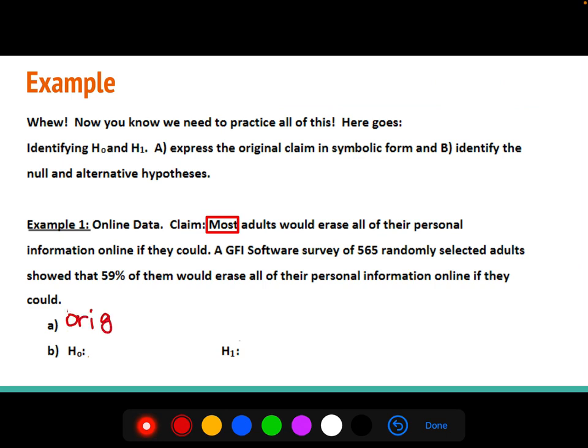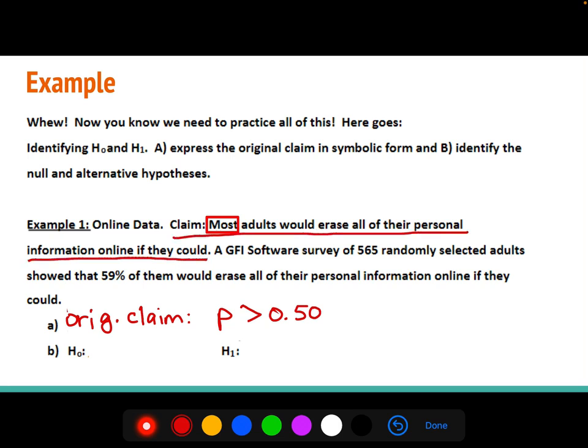So our original claim is that 59% or most adults, so most would be greater than 50%, would erase their personal online information. This is our claim.